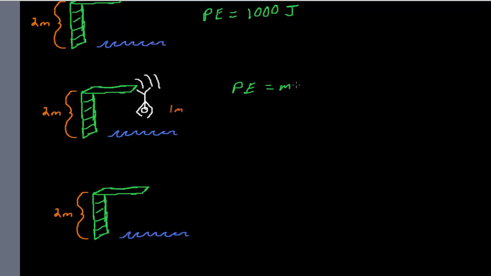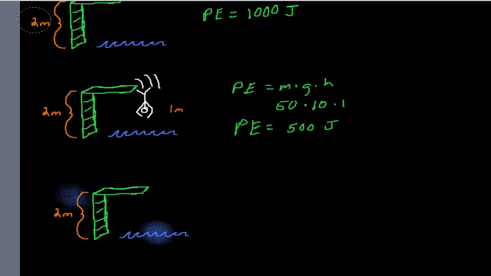Remember it. We did mass times gravity times his height. In this case, his mass hasn't changed. He's still 50 kilograms. Gravity is still the same. It's still 10. But now he's only 1 meter from the water. So his potential energy is 500 joules. All right, and down here, we'll just give him a big old splash down in the water here.